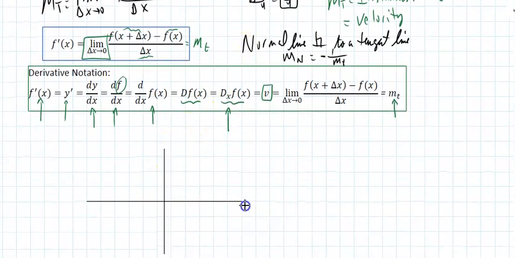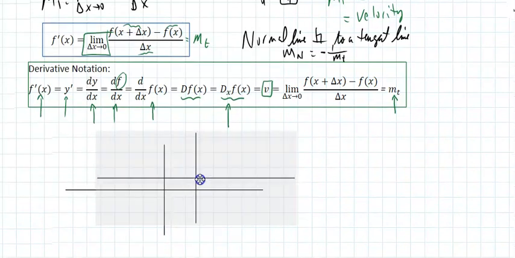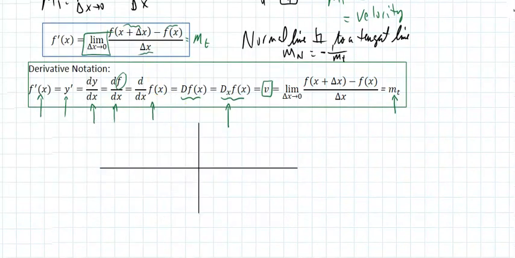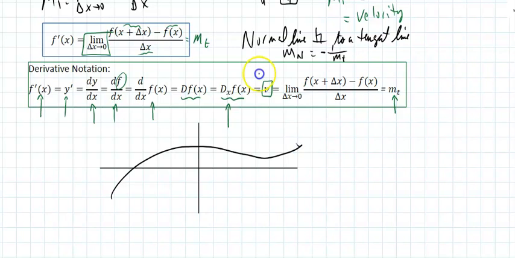If I have a curve y equals f of x, if I find the tangents, they tell me how the curve is behaving at these points. That's very useful to know.